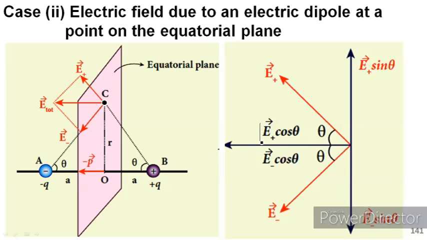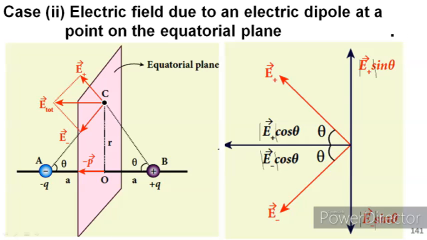This is the magnitude E plus cos theta and this is modulus of E plus sin theta. Similarly, the E minus vector can be resolved into two components. One is along this direction, modulus of E minus cos theta, and this one is modulus of E minus sin theta.